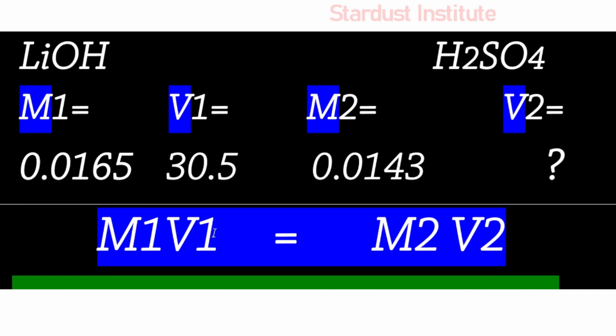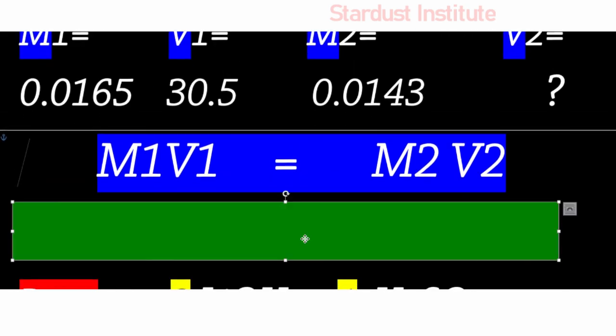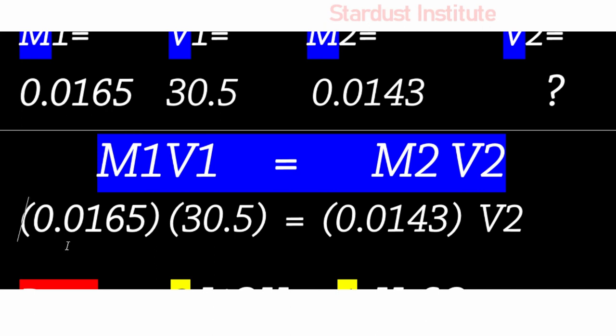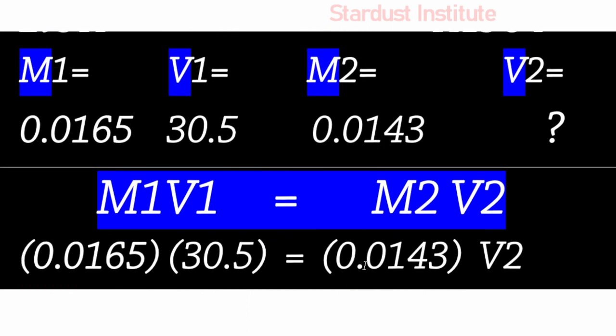Units are same on the left hand side and right hand side. We can substitute these values into this equation: M1 0.0165, V1 30.5 milliliters equals M2 0.0143, V2 we don't know.